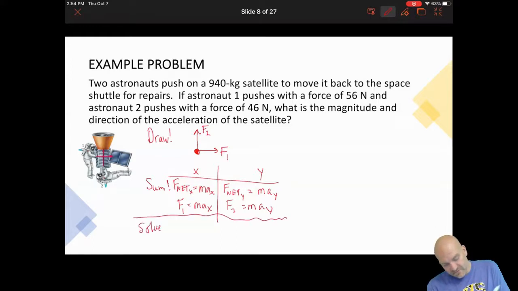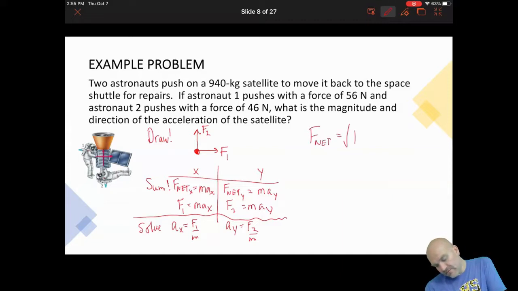And now my solve step is to figure out what the x force is, or I can find the x acceleration, then I can find the y acceleration. Okay, and then I can do Pythagorean theorem, or I can find the net force by doing the square root of f1 squared plus f2 squared.